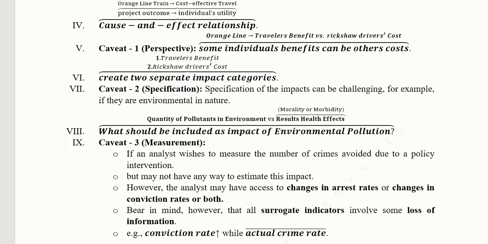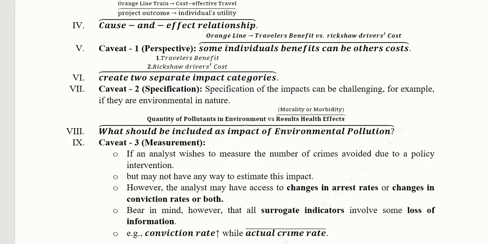For example, the benefits and the costs, they can differ when it comes to different individuals. For some people there are some benefits, and for other people those benefits will be some sort of cost. For example, if the travelers are benefiting from such an Orange Line train, the people who used to drive or other smaller public transport, for example rickshaws or taxis, they will pay the price in terms of reduced income. So that becomes the cost.